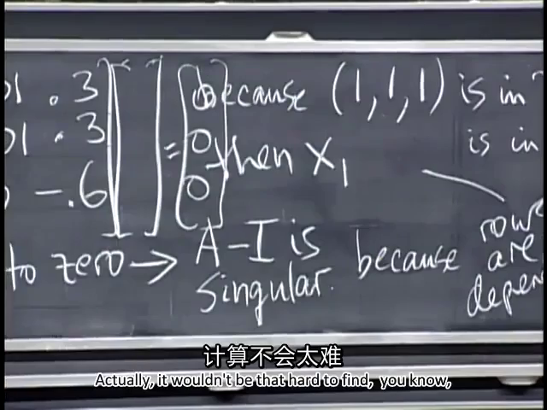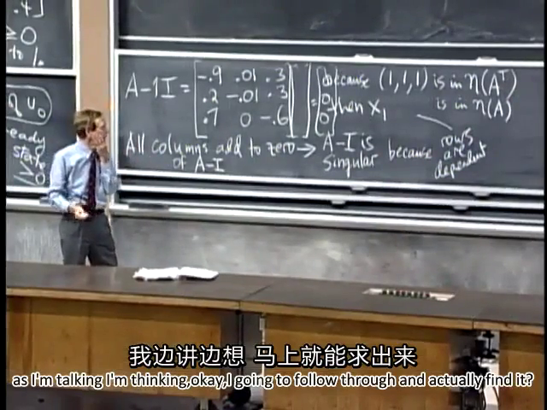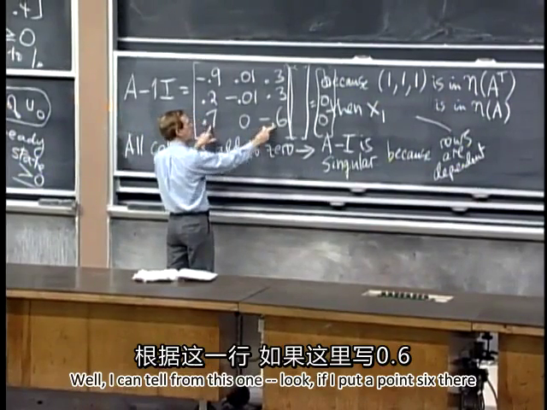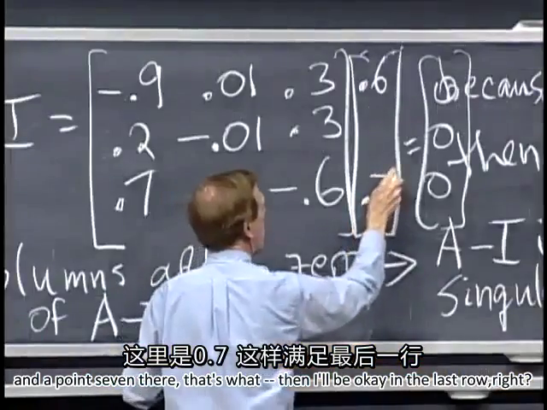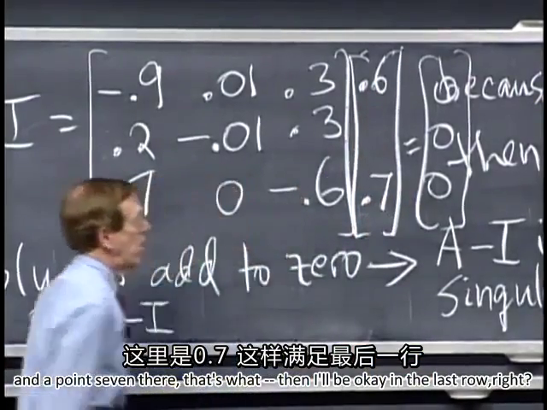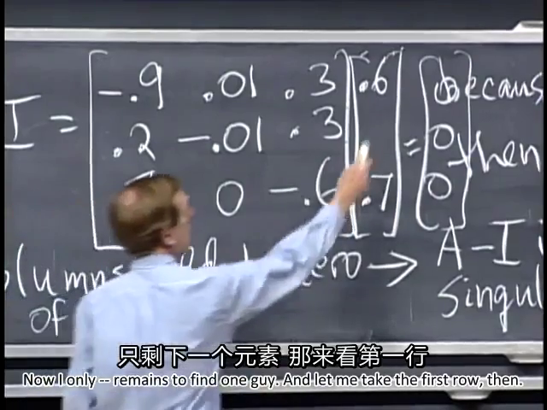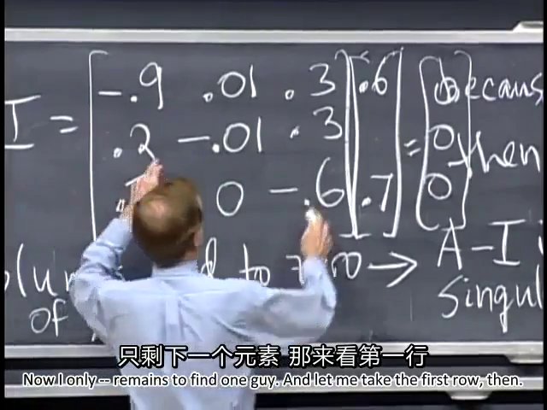Actually, it wouldn't be that hard to find. As I'm talking, I'm thinking, OK, am I going to follow through and actually find it? Well, I can tell from this one, look, if I put a 0.6 there and a 0.7 there, then I'll be OK in the last row, right? And let me take the first row then.